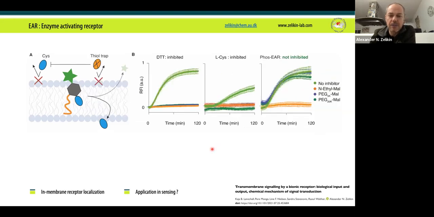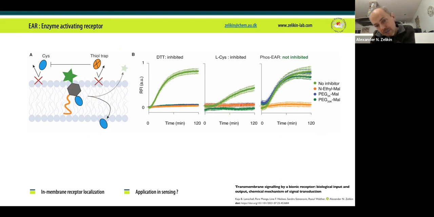And the second proof to this statement comes from our experiments where we add thiol traps. So we add molecules that would covalently react with cysteine or any other thiol for that matter in solution, but the thiol trap cannot penetrate into the lipid bilayer. In this case, what we see with cysteine is non-inhibited signaling at a higher concentration than I showed on the previous slide.